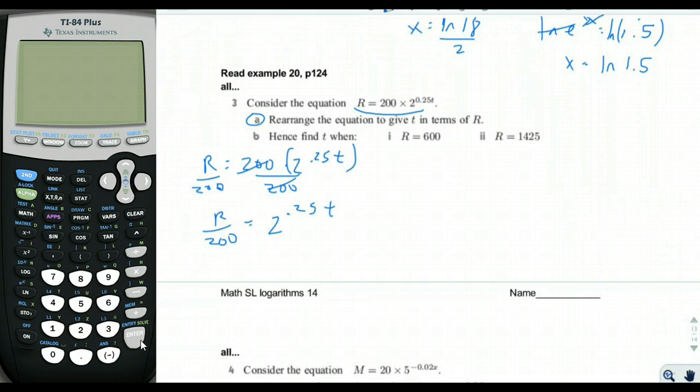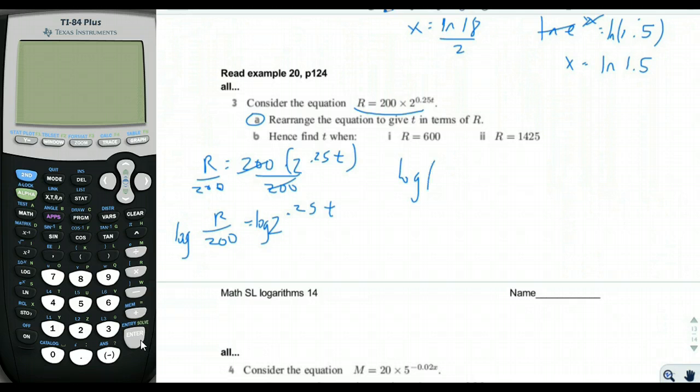Now to get t out of the exponent, we need to take the log of both sides. So let's take the log of this side. And since it's base 2, it doesn't really make any difference which kind of log we take. So we have log of r over 100. No, log of r over 100.